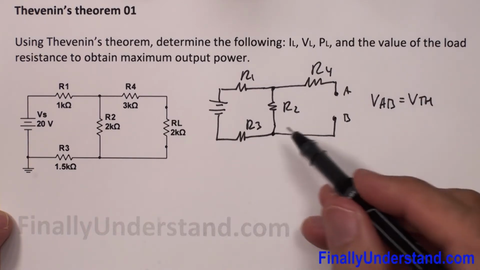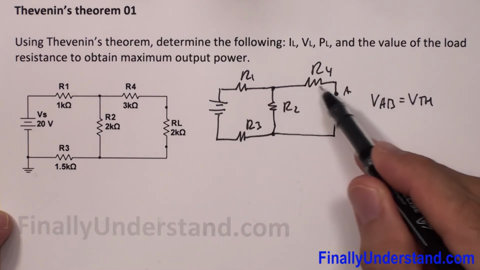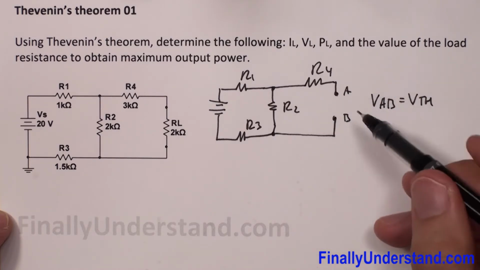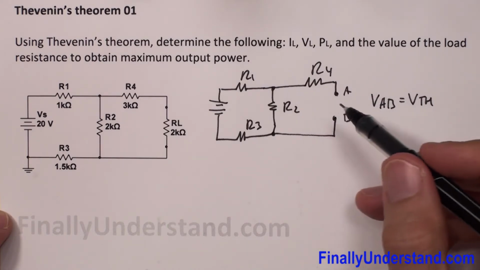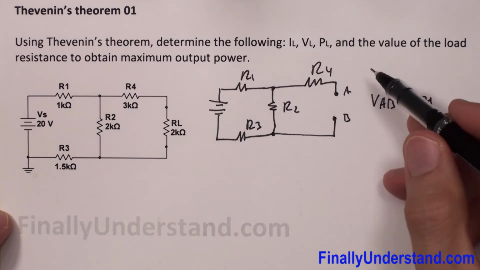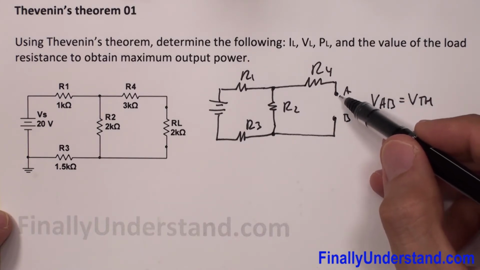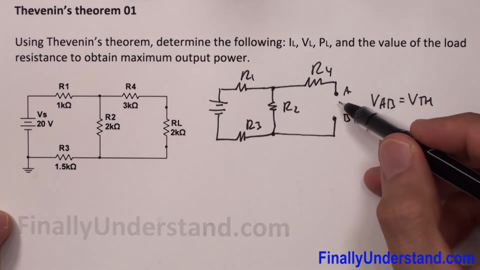Now please keep in mind that this is an open circuit. This branch is nothing else, just an open circuit. An open circuit in an electrical circuit is recognized as a very large resistance.